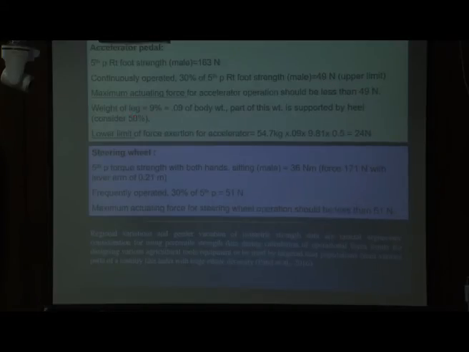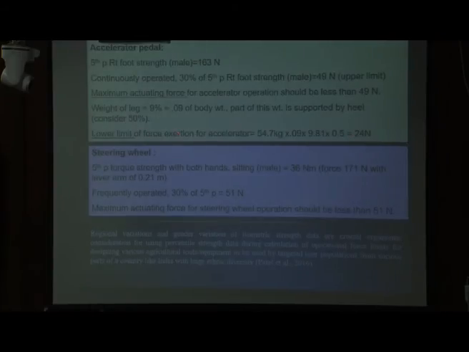Now the weight of the leg is 9% of the whole body. If whole body weight is 54.7 kg for an average person, and 0.9% of that is the weight of the leg, and this is the g value, gravitational acceleration, and 0.5 is if we consider half of that, so 24.